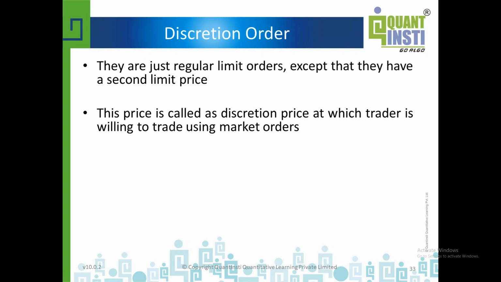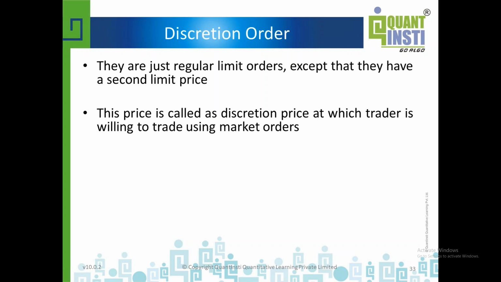But I give them a discretionary range. I'll tell my broker that depending on the bid ask spread, so if the bid ask spread is say 10 cents, you have a discretionary range of half the bid ask spread, right? So if I want to buy at $50, I'll be fine if you get me a trade at $50.05, right? So that discretionary range is 5 cents.